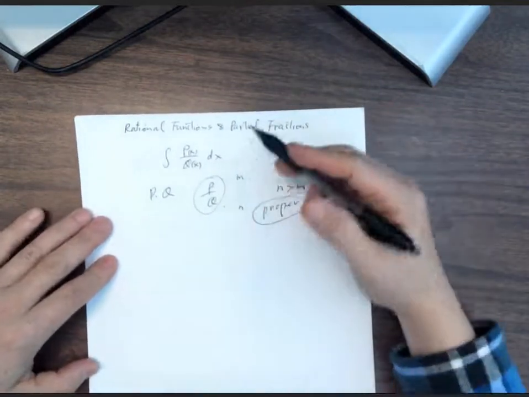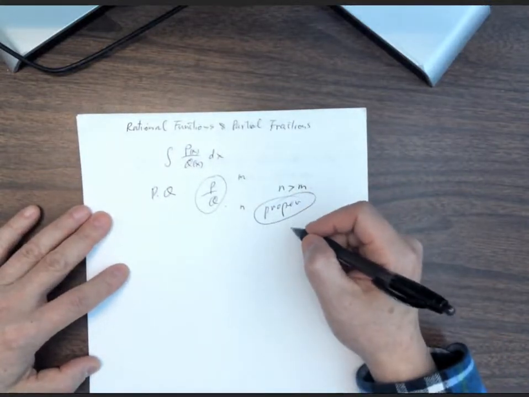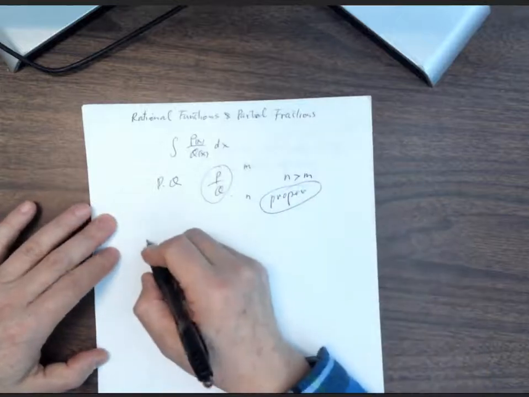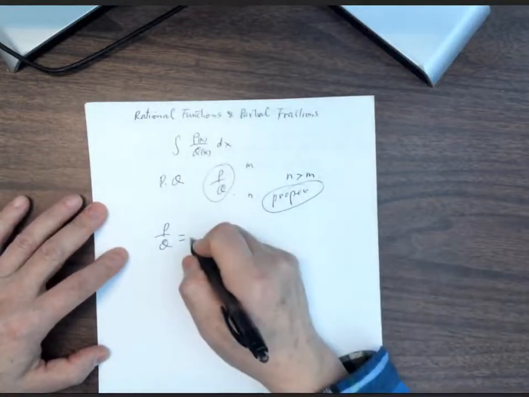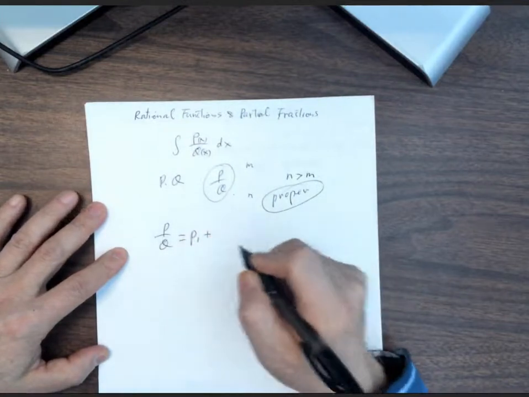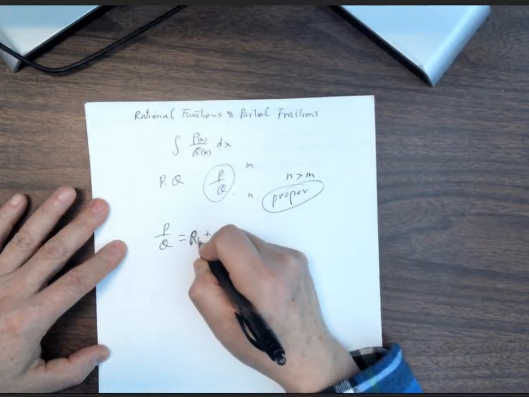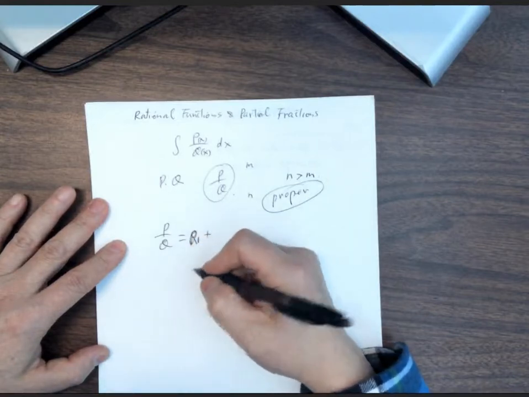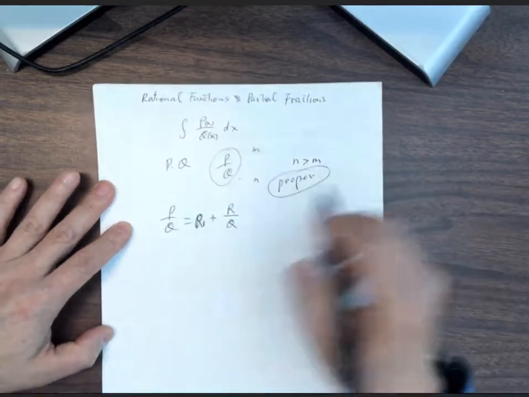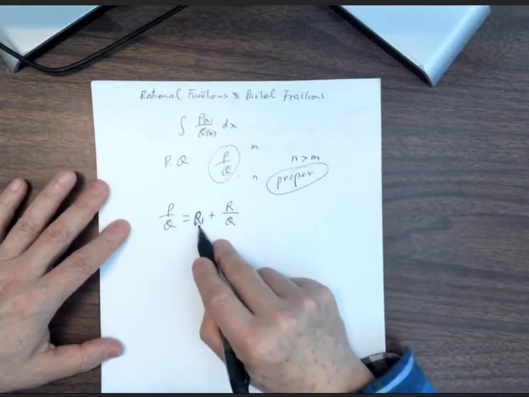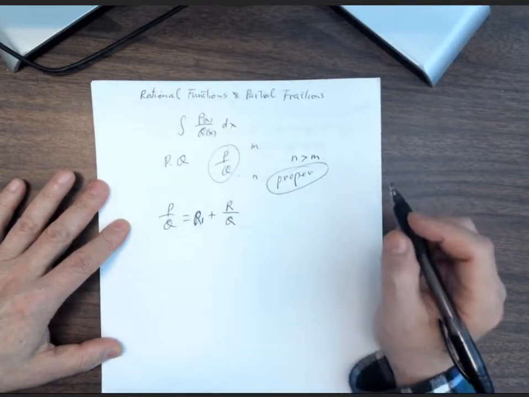Now, if the rational function is not proper, what we can do is to do long division and simplify it as a sum of a polynomial and a proper fraction.